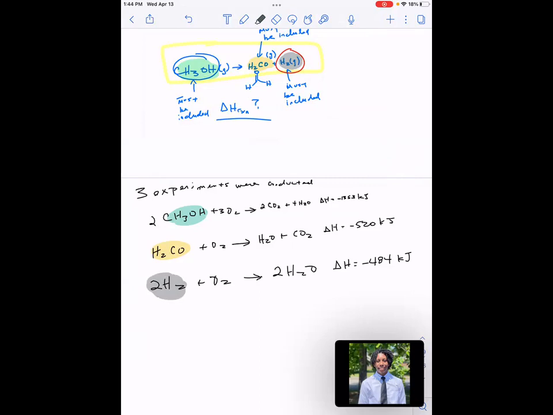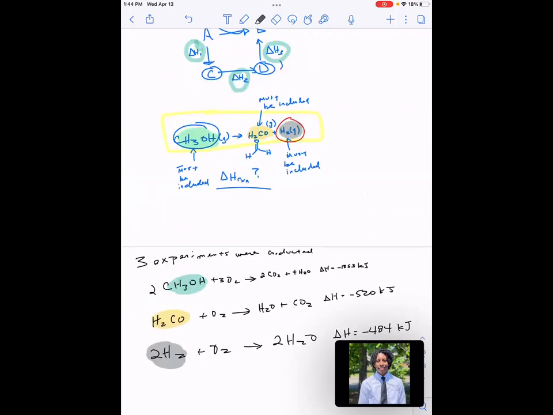I can rearrange these. I can do anything I need to do to get what I need, basically. Not anything, but anything scientifically possible. So let me show you what I mean by that. So we want the methanol on the left side because up in the given reaction, it's on the left side. We need formaldehyde and the hydrogen on the right side because those are products in the given reaction.